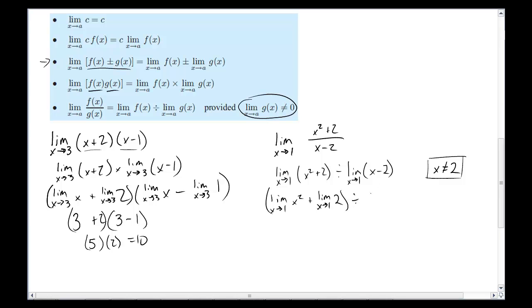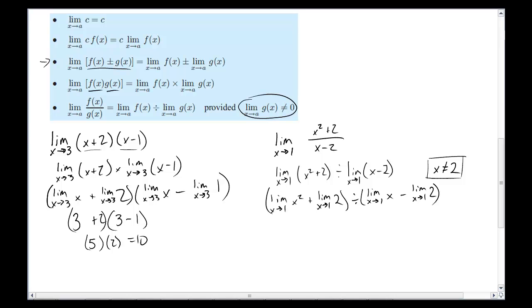Again, it's still division. That's okay, because we all like division. Limit of x minus the limit as x approaches 1 of 2. And then we can find all the limits just like this.